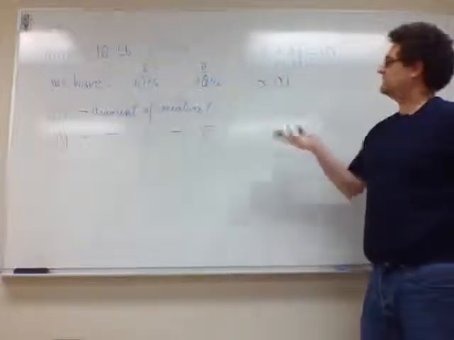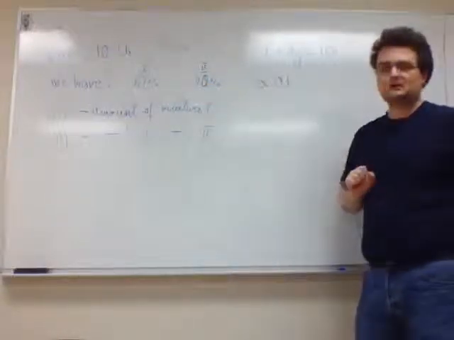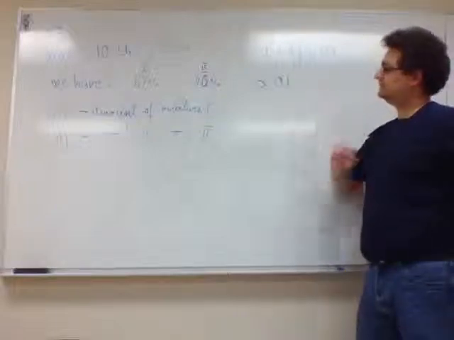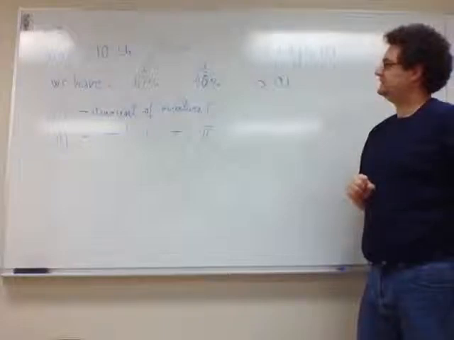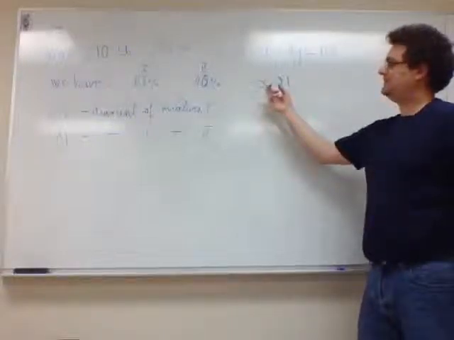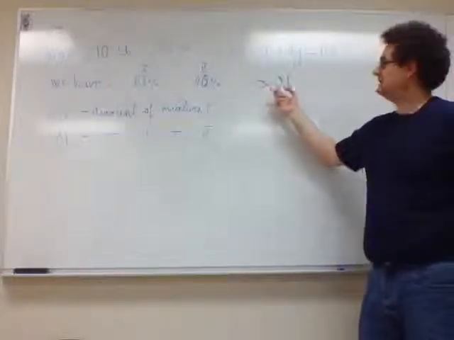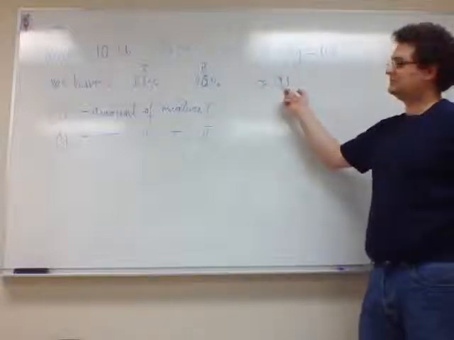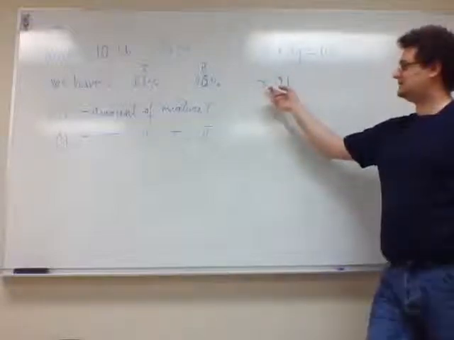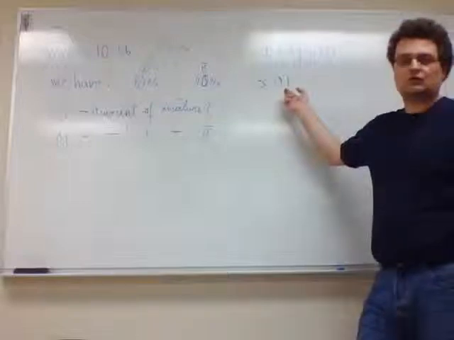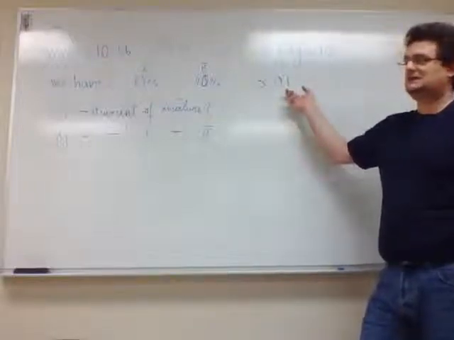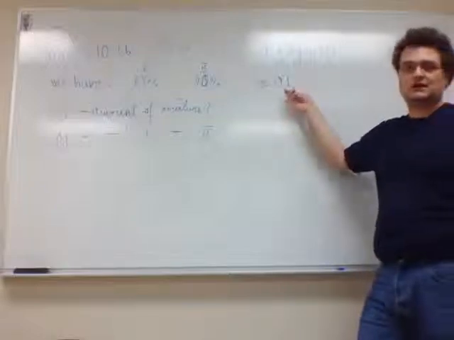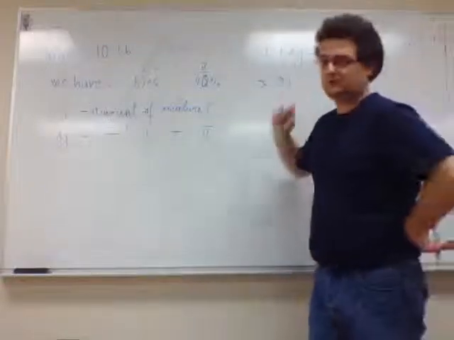Okay? So for example, if X is 1 pound, you have 0.1 pounds of peanuts. Or if X is 3 pounds, then you have 3 times 10%, so it's 0.3 pounds of peanuts. So the contribution of peanuts in those 3 pounds is 0.3 pounds.